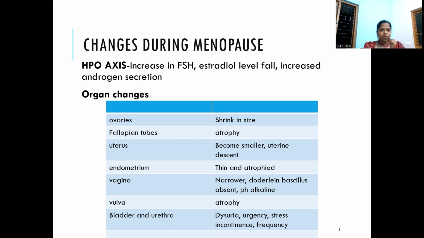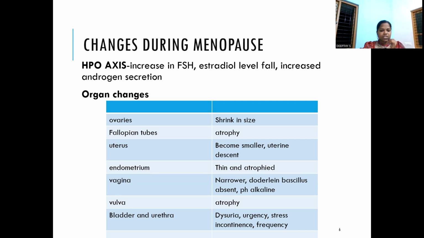So the menopausal ladies are prone to infections. Then coming to vulva, the vulva also gets atrophied. The labia majora gets flattened. The pubic hair also gets lost.